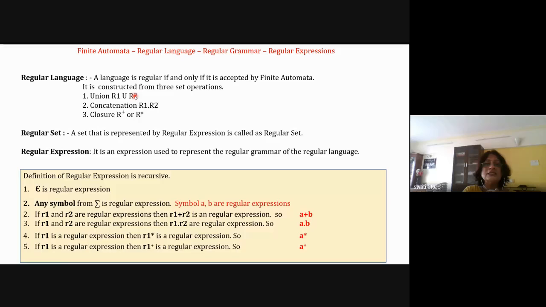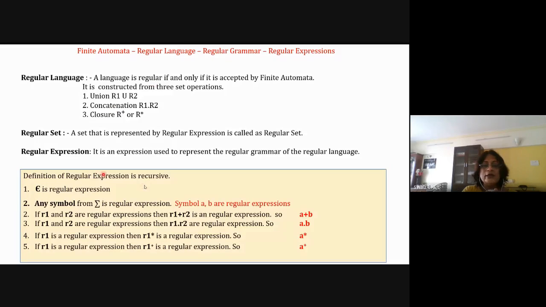Every language has a set of words, like our English language has a set of words which are there in the dictionary. So this regular set is a set of words which belong to this language, and these words are formed or created by using this grammar. So this way, all these terms are related to each other.